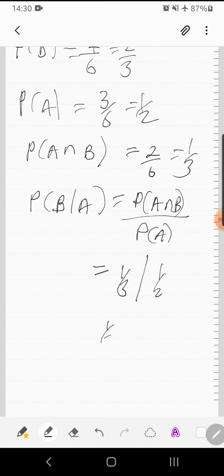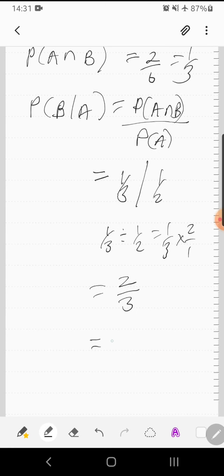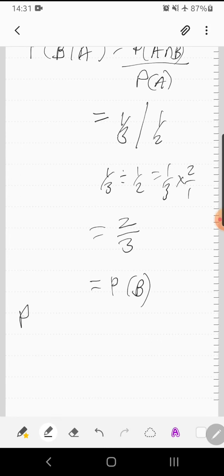So this is 1 over 3 times 2 over 1, and it gives you 2 over 3. Remember, this 2 over 3 is just the probability of B. So if this statement is satisfied, the probability of B given A is the same as the probability of B, then these events are independent.